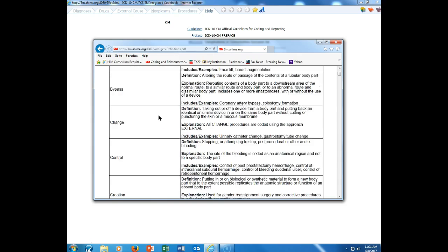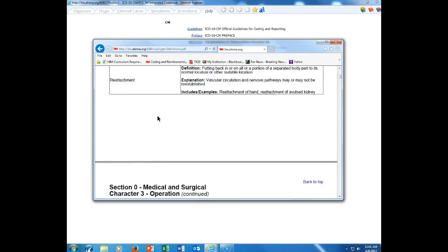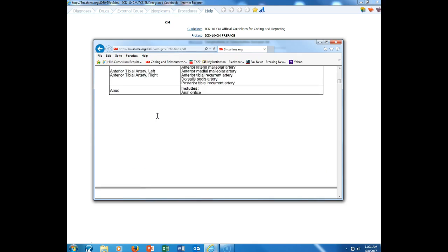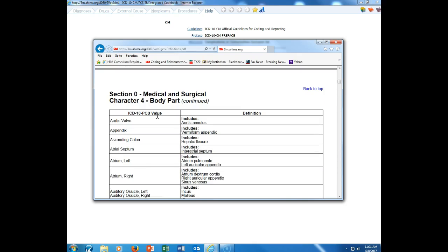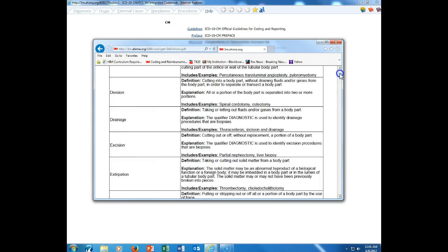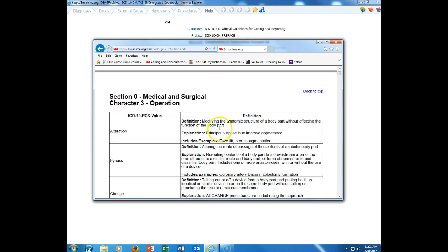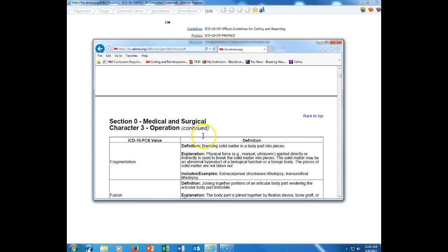If you wanted to print this out, this would probably be an excellent tool for you to print out, to have all of these in one place. Then we have information. So we have root operations.